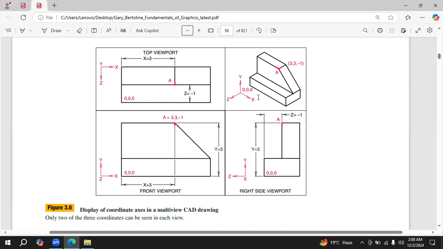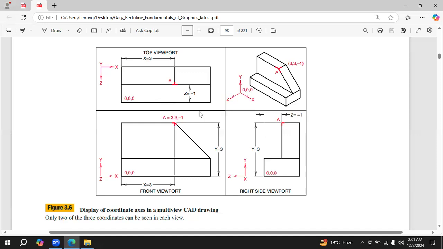As you can see, once you visualize the 3D object from the front side, you will have the X and Y plane, which is denoted here, whereas Z is not showing with any line. Similarly, observing the model from the top view, you will have the X and Z plane.